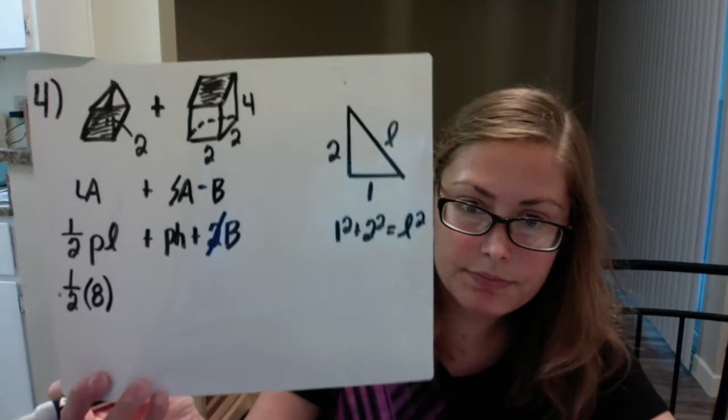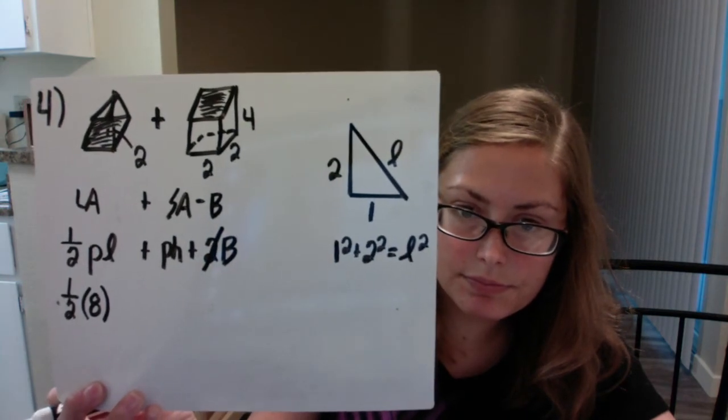Find our L. We need one of our mini triangles again. One, 2, L. So we have 1 squared plus 2 squared is equal to L squared. So that makes our L equal to 2.2.